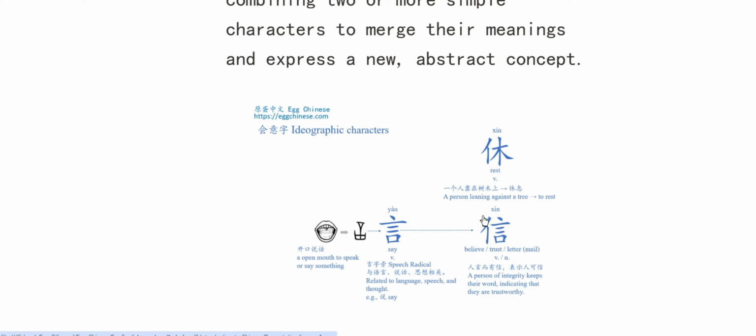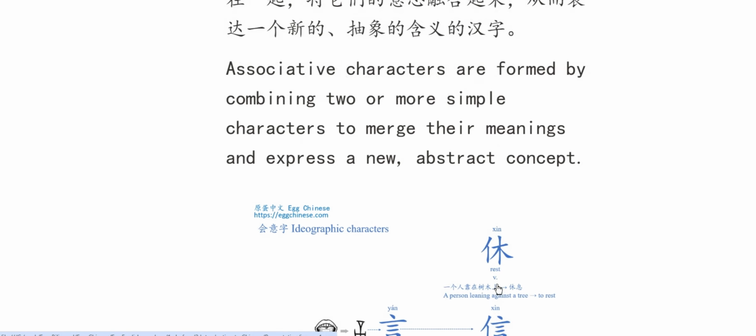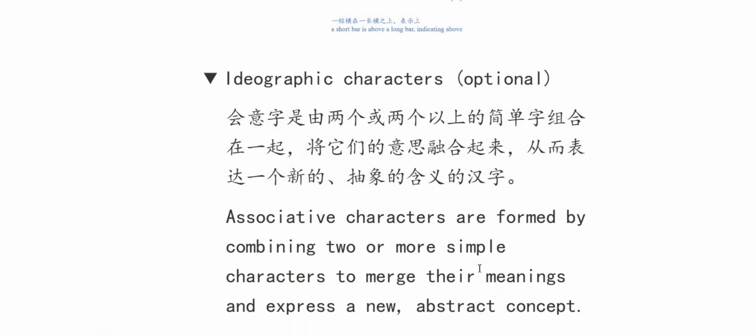So we combine person and say together to make this character. Its meaning is believe, trust, or even a mail letter. So these are just two examples. We combine simple characters together to make a new meaning.